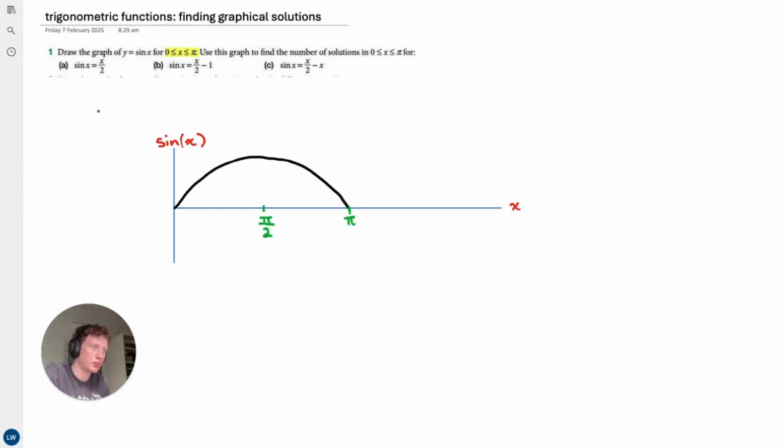All of these are just going to be lines. So the first one is just going to be a straight line with a gradient of a half and an intercept at 0.